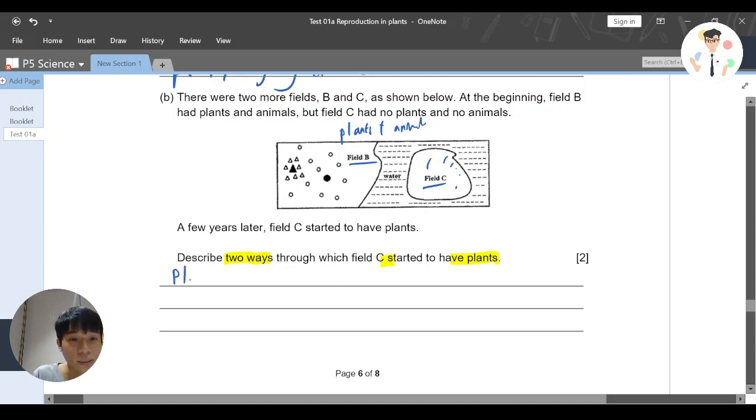So let's try it right there. Plants in field C can be either dispersed by, if animal can't travel, right? So again, what will matter with an animal?